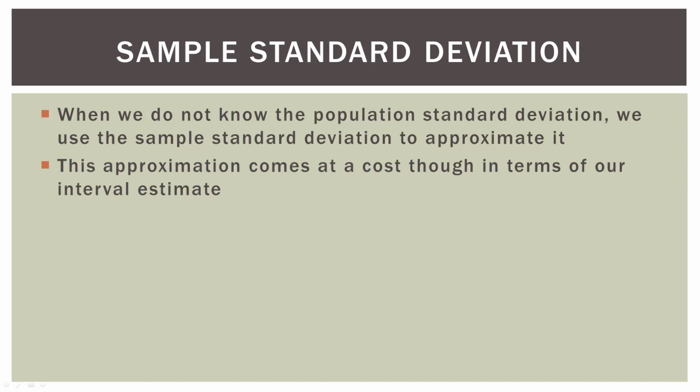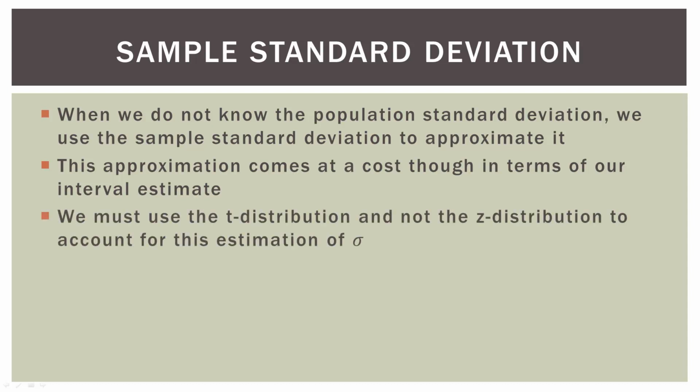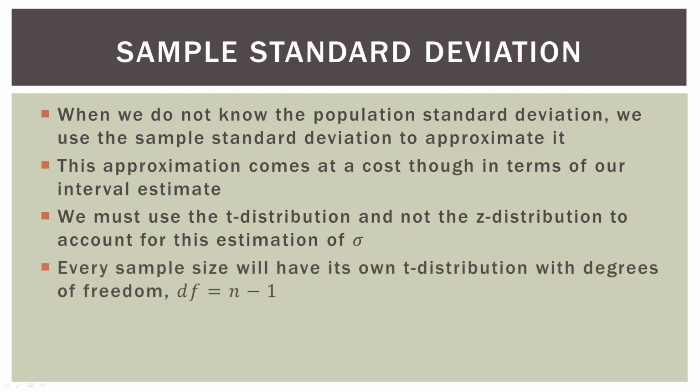This approximation comes at a cost, though, in terms of our interval estimate, as we've seen with the t-distributions. So we must use the t-distribution and not the z-distribution to account for this estimation of sigma, the population standard deviation. Every sample size will have its own t-distribution with degrees of freedom of n minus 1.